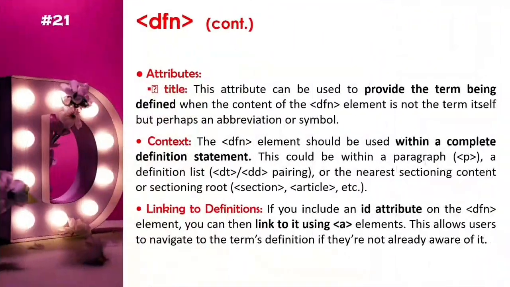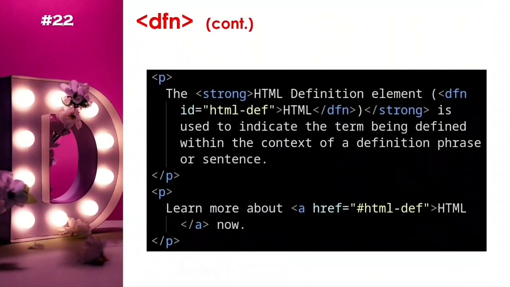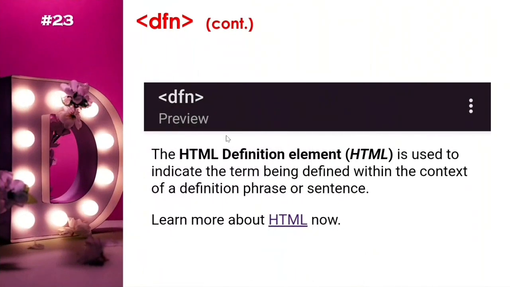In terms of rendering, it's not anything that fancy, as we said. Whatever content you put inside the define element is rendered in italics. But again, it's not that much structural markup, it's more of semantic markup.